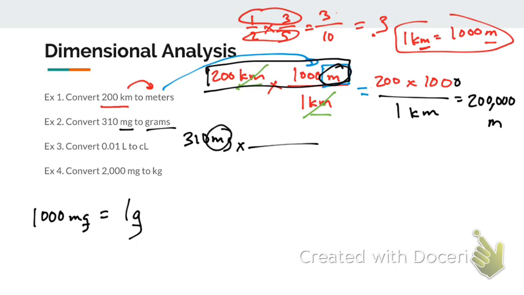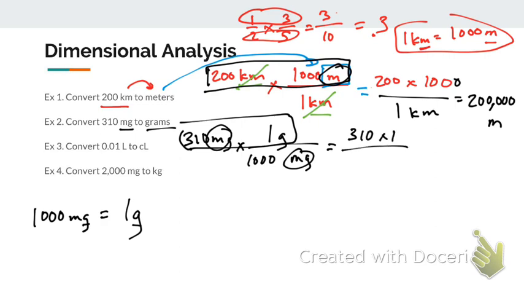Once again, I want to cross cancel, so I've got to put the milligrams below. From here, we know there's 1,000 milligrams over 1 gram. So if I multiply across, this will equal 310 times 1 over 1,000. My units cancel here, and I have grams remaining, so this will be in grams. So 310 divided by 1,000 is 0.31 grams.